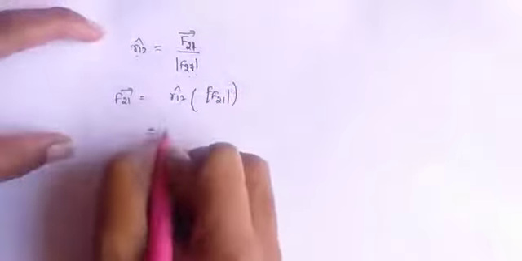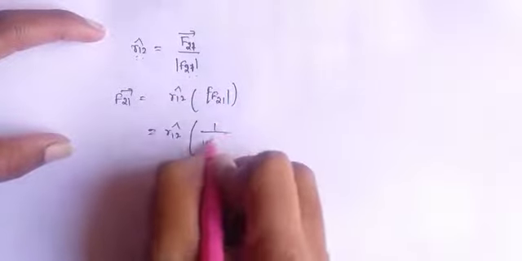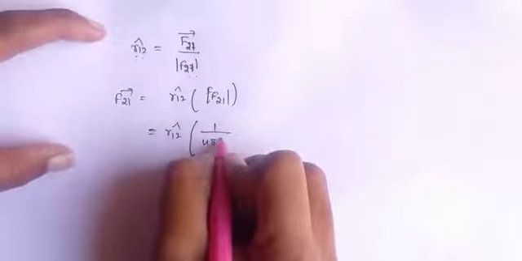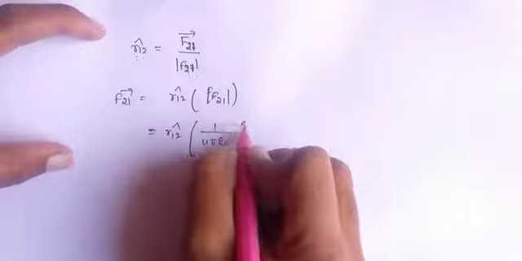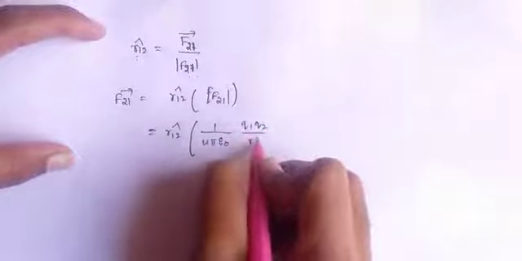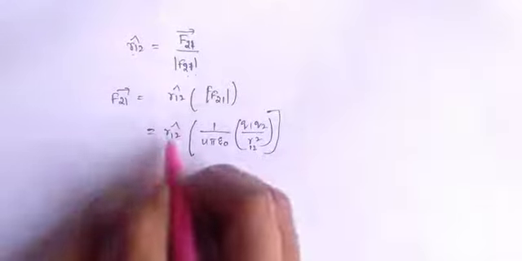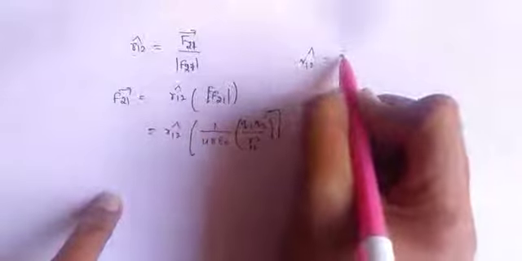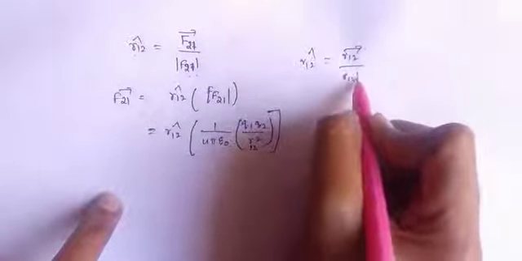Okay, so here according to Coulomb's law, the magnitude of force is equal to what? 1 by 4 pi epsilon naught, if it is in free space, and Q1 Q2 by R square. Here it is from the first charge to the second charge. So R12 can be written as the vector R12 and the magnitude of R12.